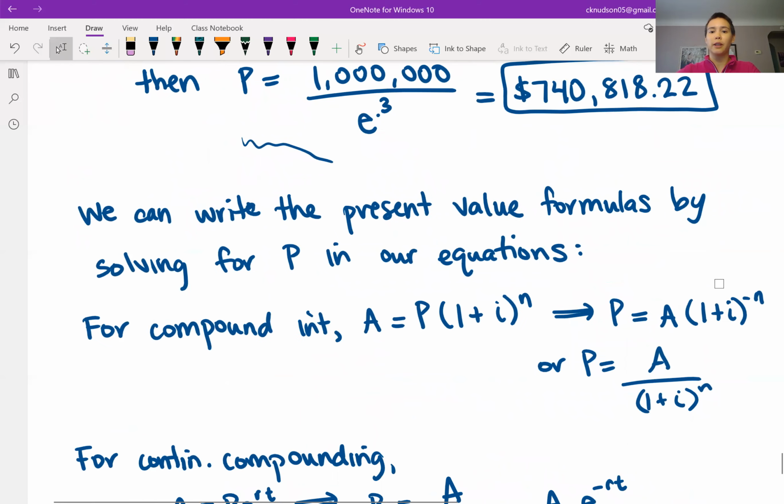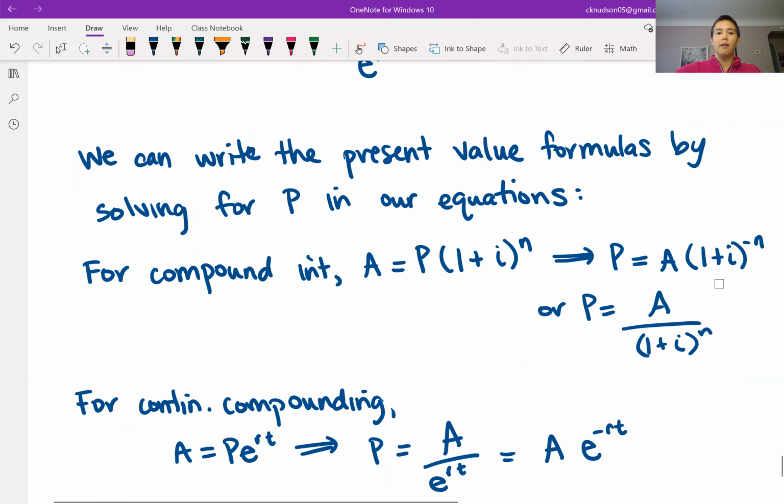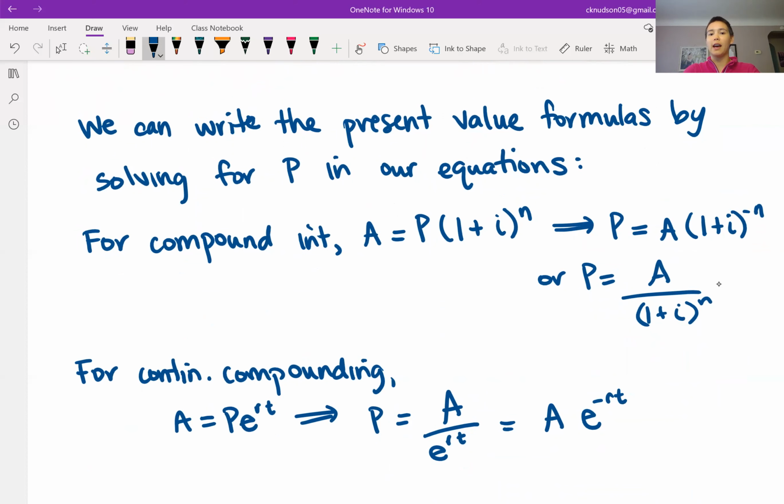So we can write these present value formulas more generally by just taking our equations from before and solving for P. So for our compounding interest problem, we had our equation A equals P times (1 plus I) to the N. We need to solve for P, so we need to divide both sides by (1 plus I) to the N. So we do that, and we see we have P equals A over (1 plus I) to the N, or we can also write that as P equals A times (1 plus I) to the negative N. So you can write it either way.